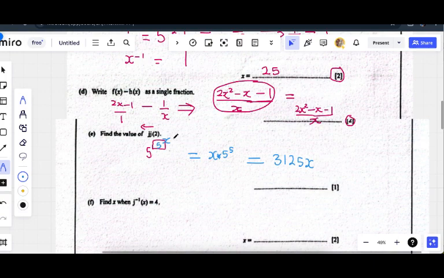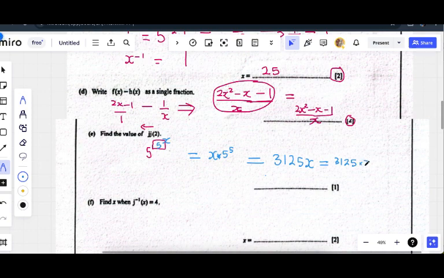They say we should substitute 2 in place of x, right? j of 2. So I'm going to multiply this one with 2. I'll say 3,125 times 2.